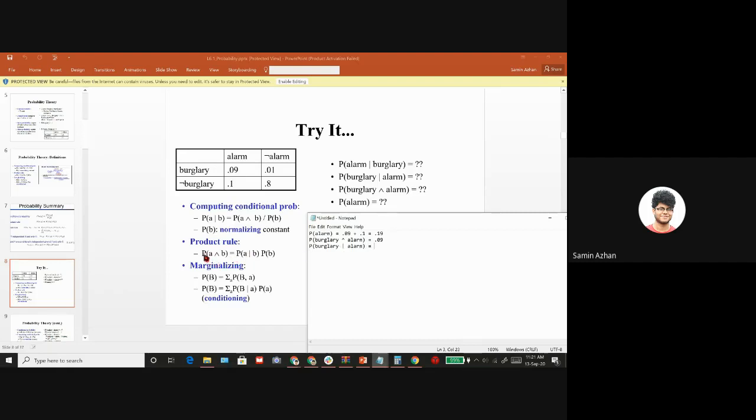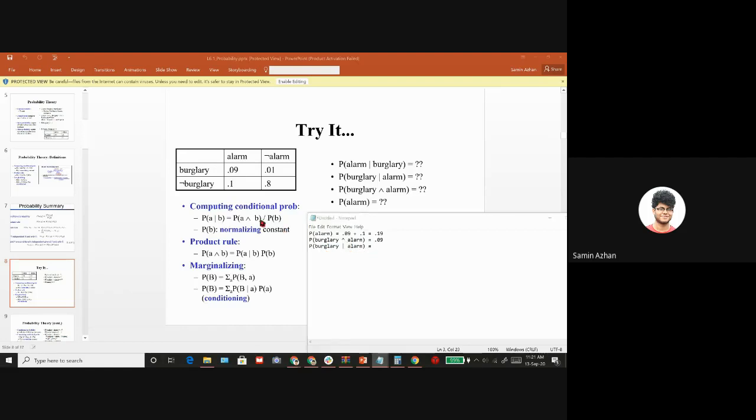Now, if we look at this rule, conditional probability, we see the probability of A given B should equal the probability of A and B divided by the probability of B. So here my A is burglary and B is alarm.